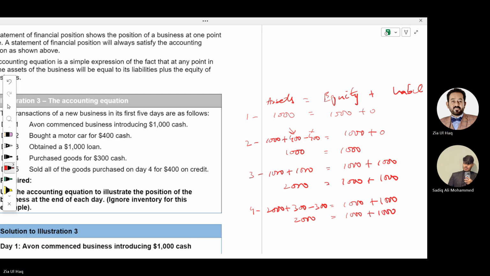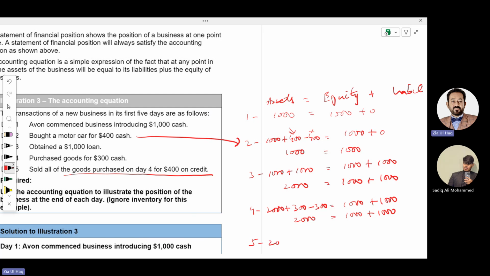Ending balance. And number 5, sold all of the goods purchased on day 4 for 400 on credit. Where did he purchase the goods? Here on number 4. He sold all the goods for 400. He bought at 400, he sold at 400. There is no profit, but he sold on credit.